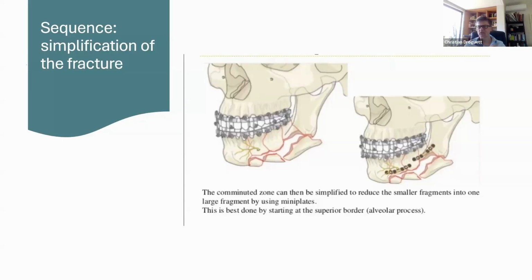And it seems better to do this in an upper to bottom way, starting from the dentoalveolar unit and going to the inferior border of the mandible. And once we have done that, we have to do the final stabilization with a stronger plate that will make the final support to this fractured bone.